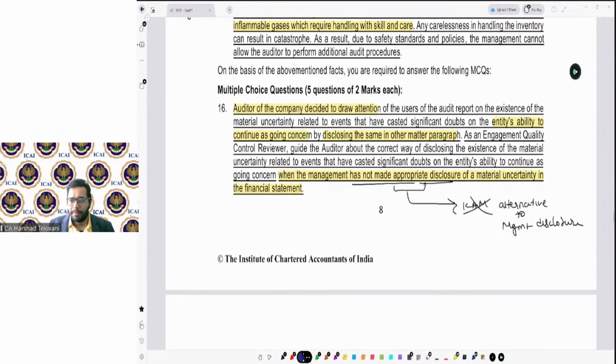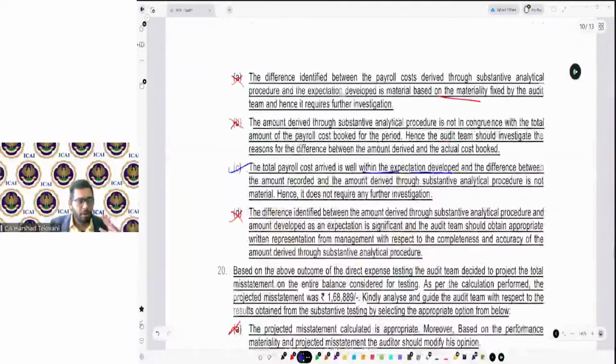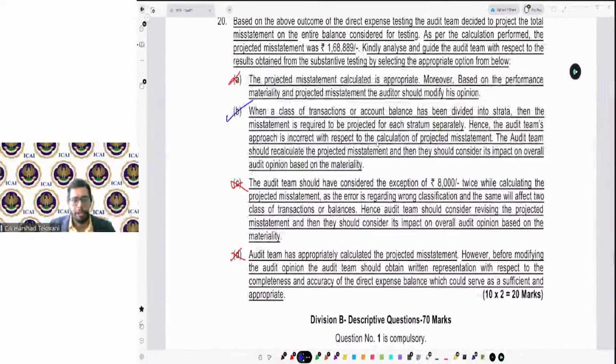Any other doubt, guys? So we saw till now the questions and how to solve the MCQs. If they are logic based or provision based, then you need to apply the provision.